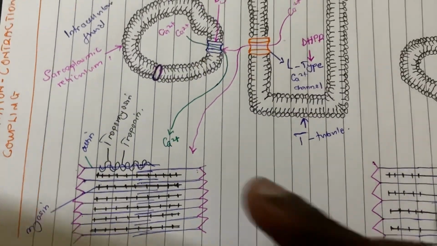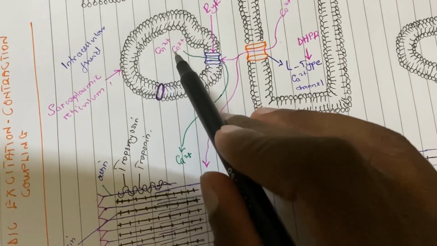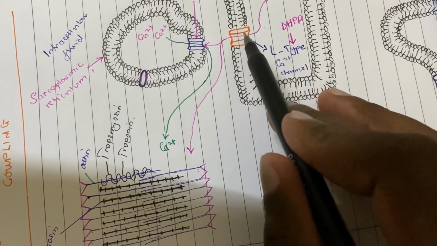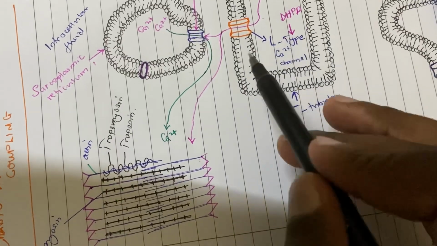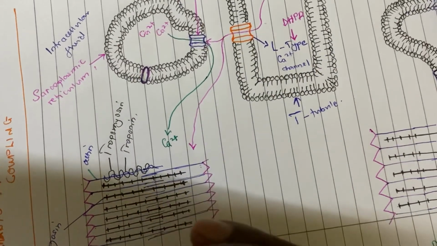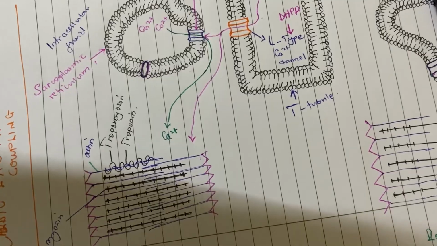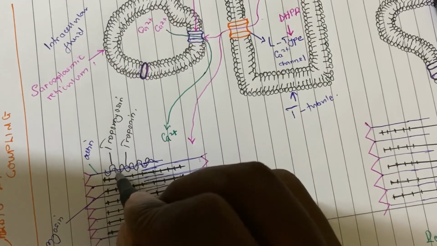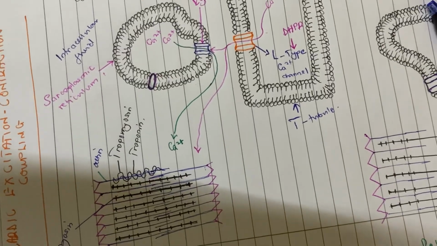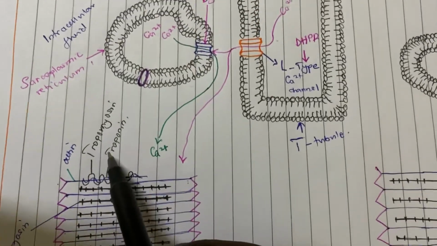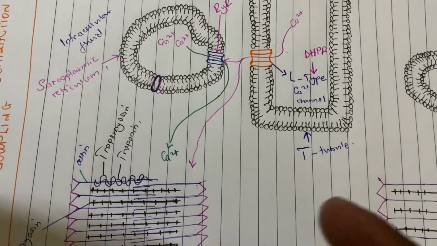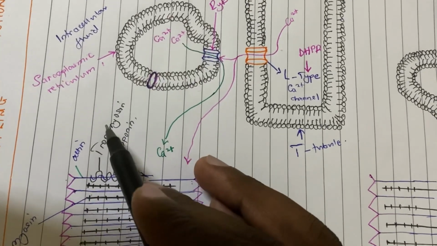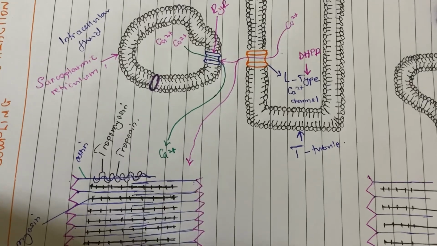So when calcium comes, one from the sarcoplasmic reticulum, two from extracellular fluid via the L-type calcium channel, it will interact with troponin. These two proteins are surrounding the actin. When calcium interacts with troponin, troponin leads to a change in the shape of tropomyosin.